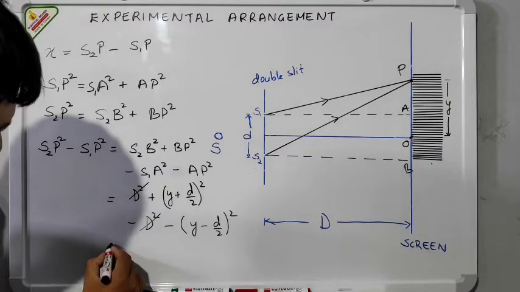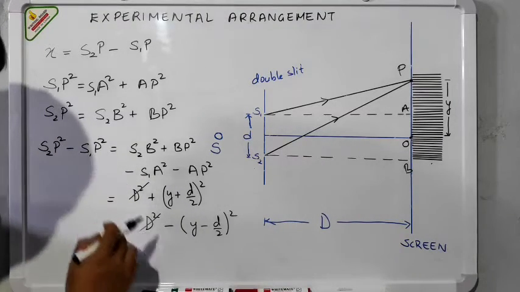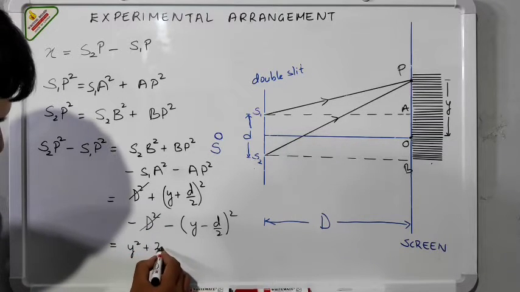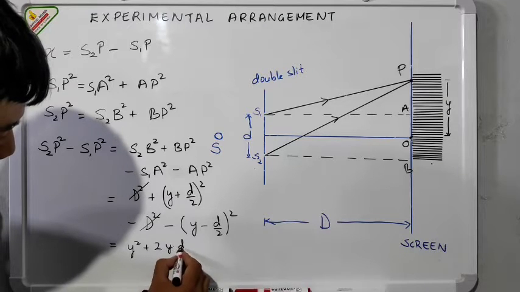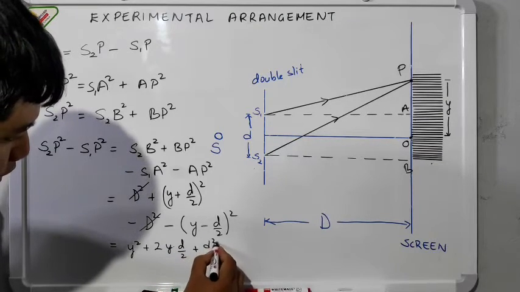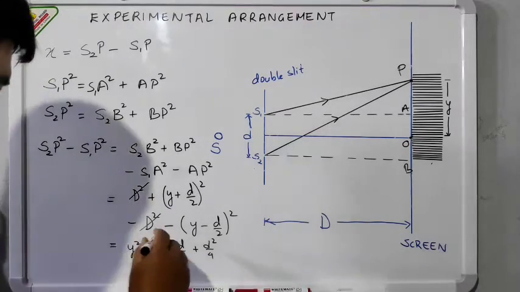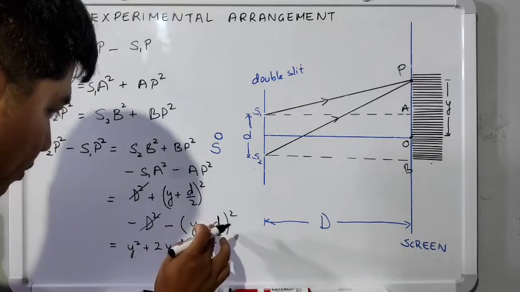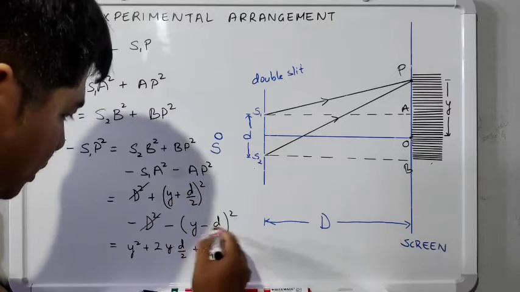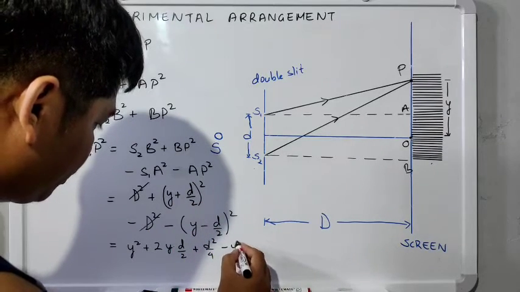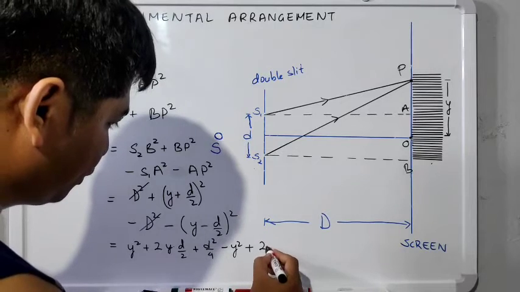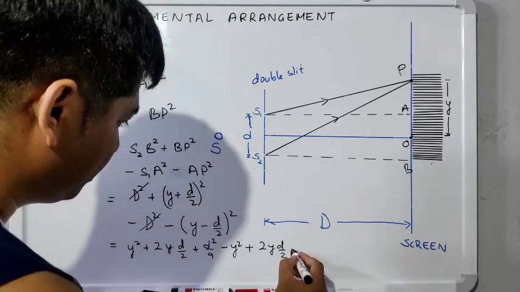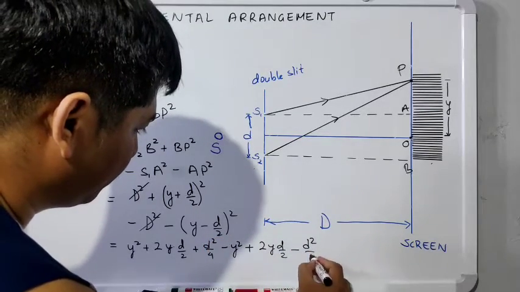Then what do we have? S2P square minus S1P square is y square plus 2y times d by 2 plus d square by 4, minus y square plus 2y times d by 2 minus d square by 4.